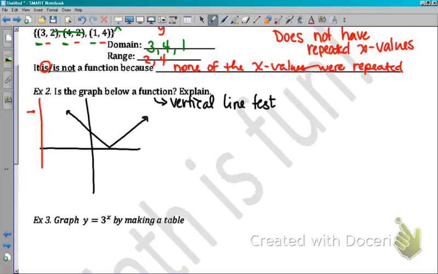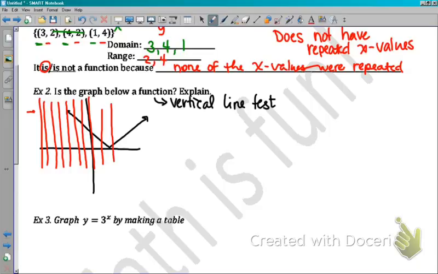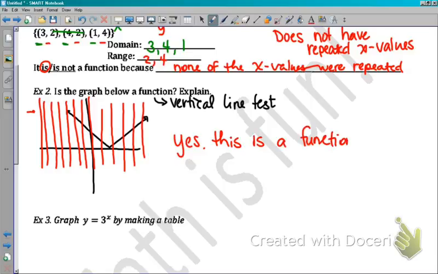And you're looking to see if at any point, so just imagine each of these lines is my pencil, checking my equation here, to see if at any point my function, the black line, crosses my pencil more than once. As long as it only crosses once, then it is a function. So we would say that yes, this is a function, because it passes the vertical line test.